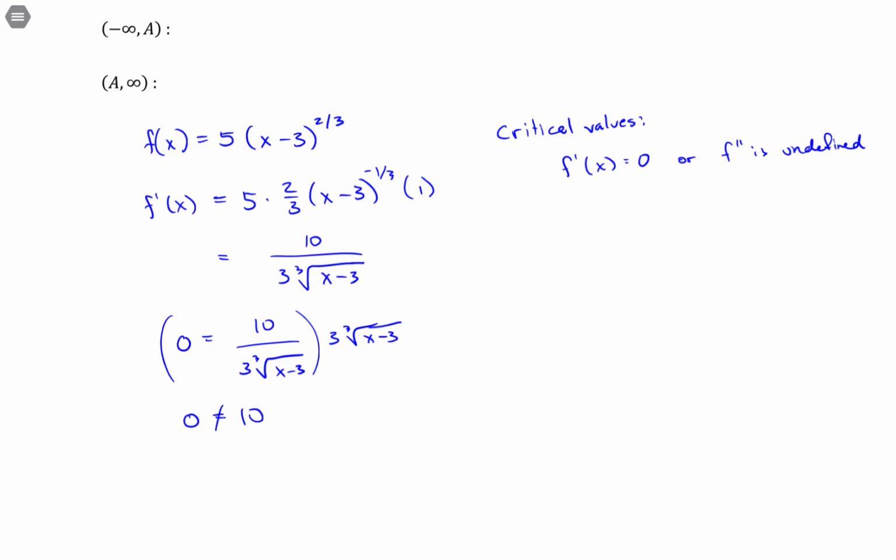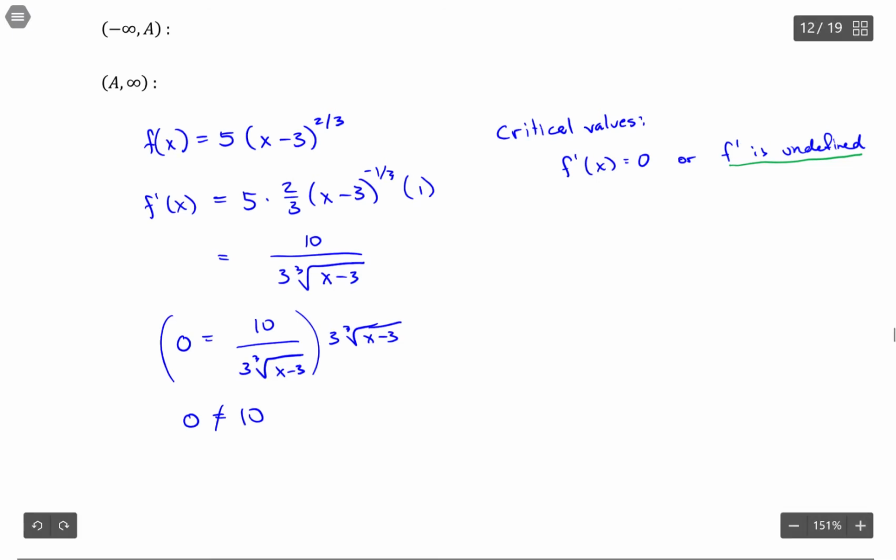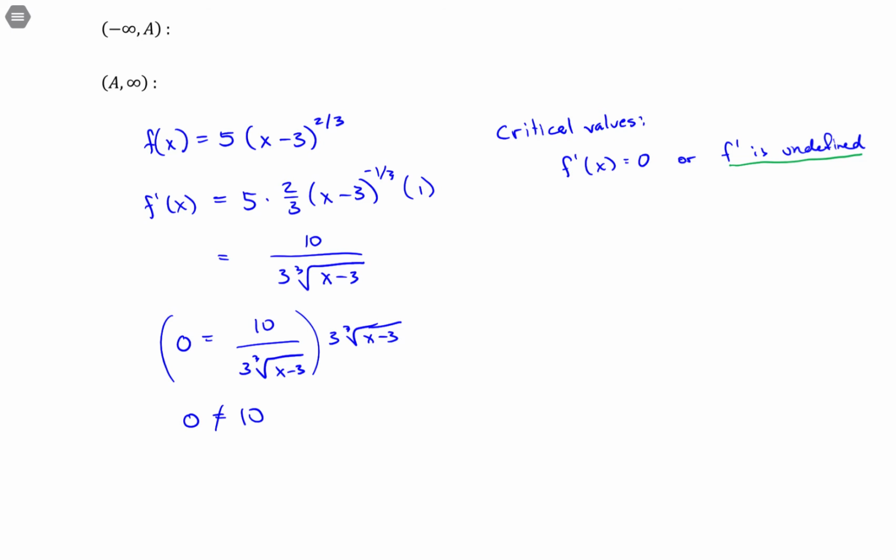And all that's telling me is that's not going to lead to any solutions. But what can help is looking at where the first derivative is undefined, for instance where you can have division by 0. So f prime evaluated at 3.